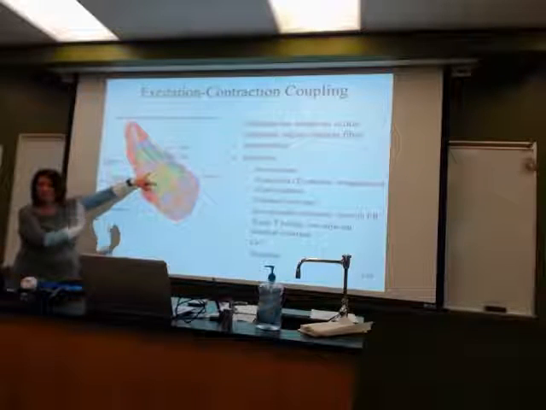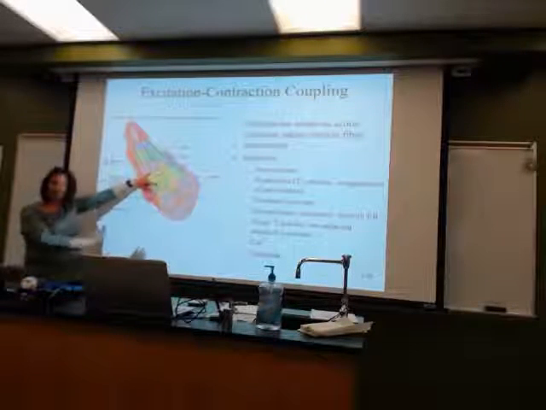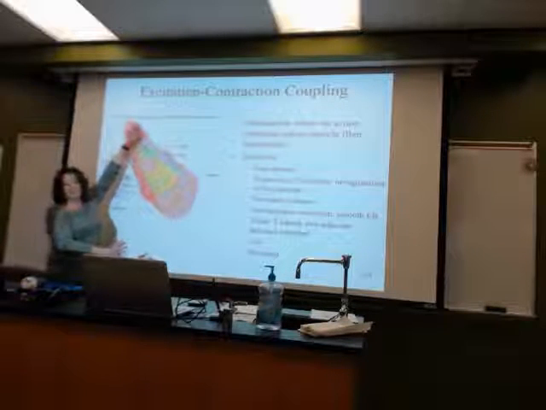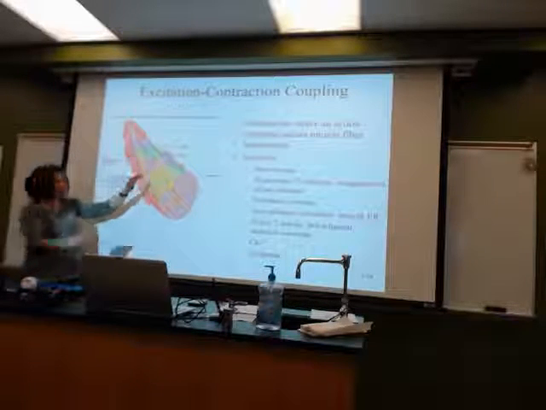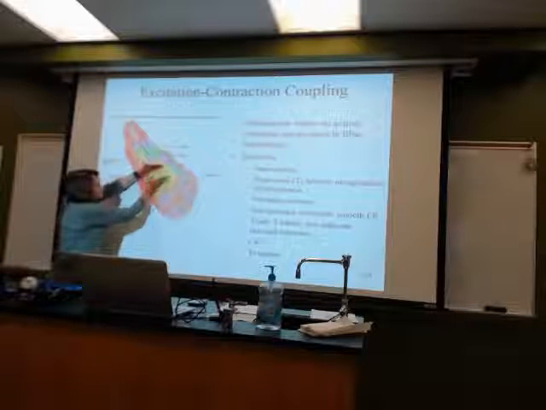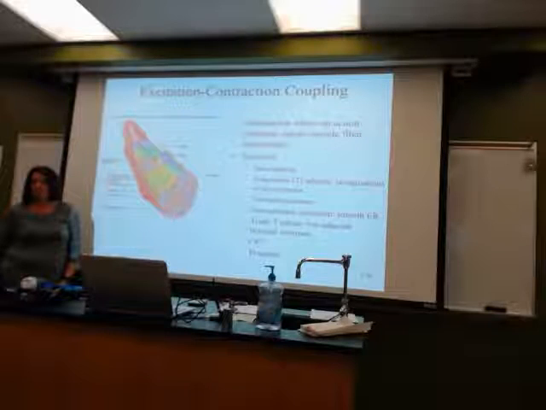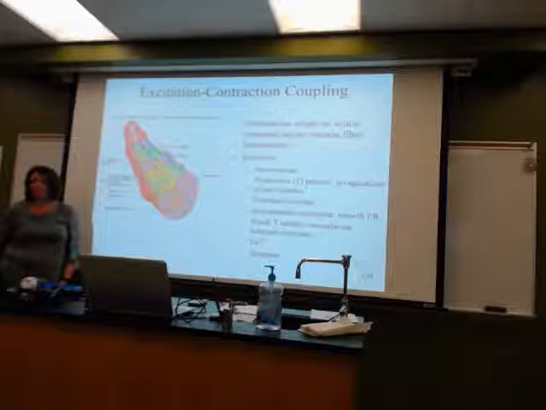So think of it as coming around at the point where you would have a sarcomere to a sarcomere to a sarcomere and affecting this area of the sarcoplasmic reticulum. Does that make sense?